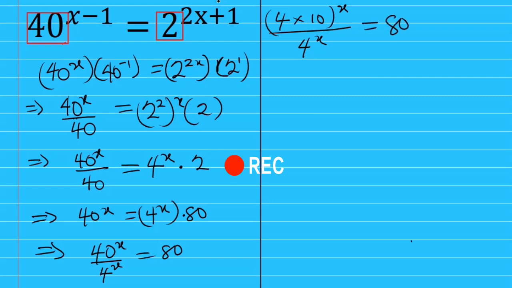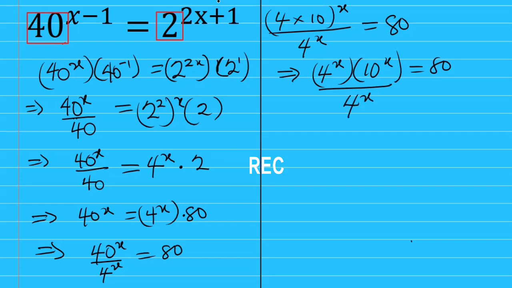Now, according to one of the laws or properties of indices, we can say that 4 to the power x multiplied by 10 to the power x equals 80 divided by 4 to the power x. So here, the 4 to the power x can cancel 4 to the power x, leaving us with 10 to the power x equal to 80.